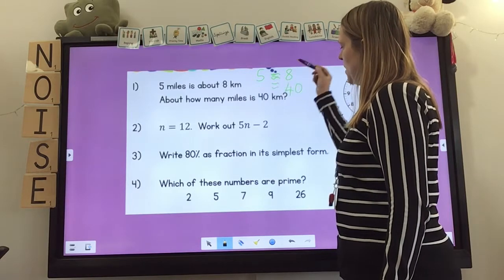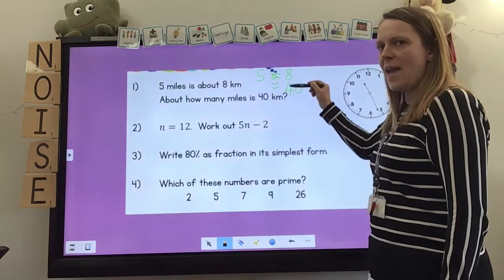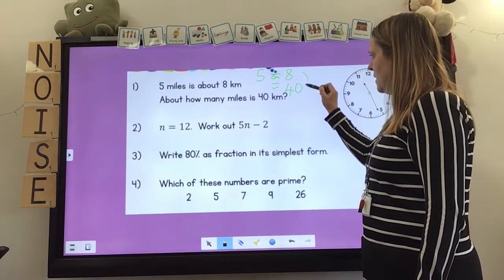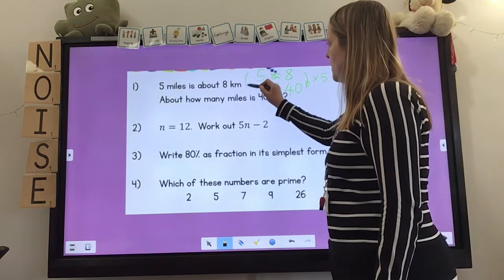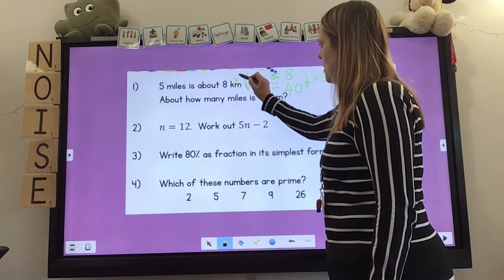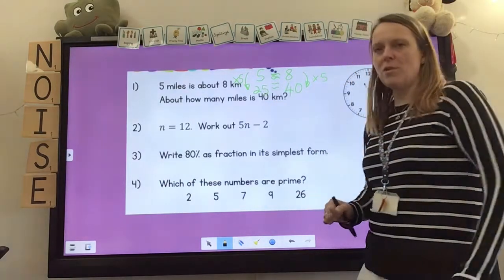In this case, we're looking at the relationship there between how many multiples of 8 we have in 40. That's times 5, isn't it? So then if we times this by 5, keep it in proportion, we know that 25 miles is approximately 40 kilometres.